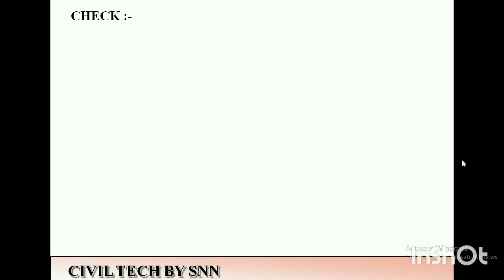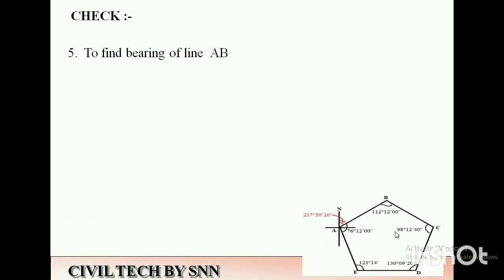Now our last step is the check. To find the bearing of line AB. Now see here, AB is our initial line and the bearing of our initial line is already given in the example, which is 217 degree 50 minute 20 second.